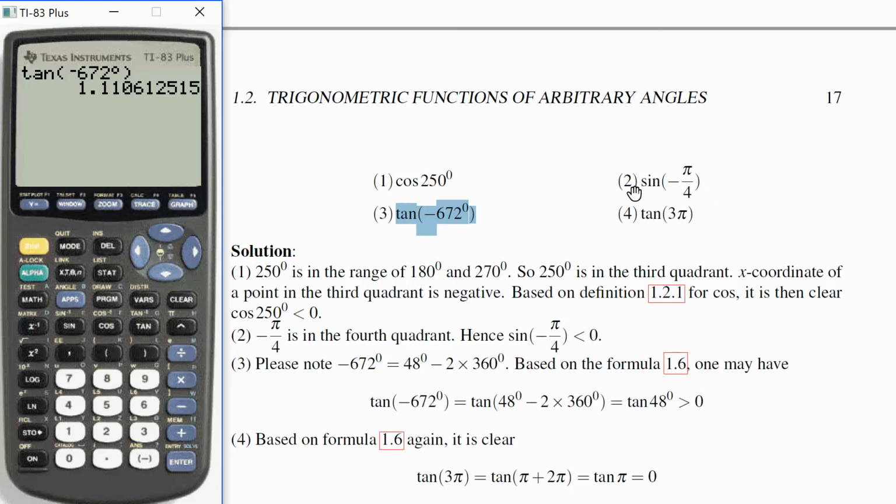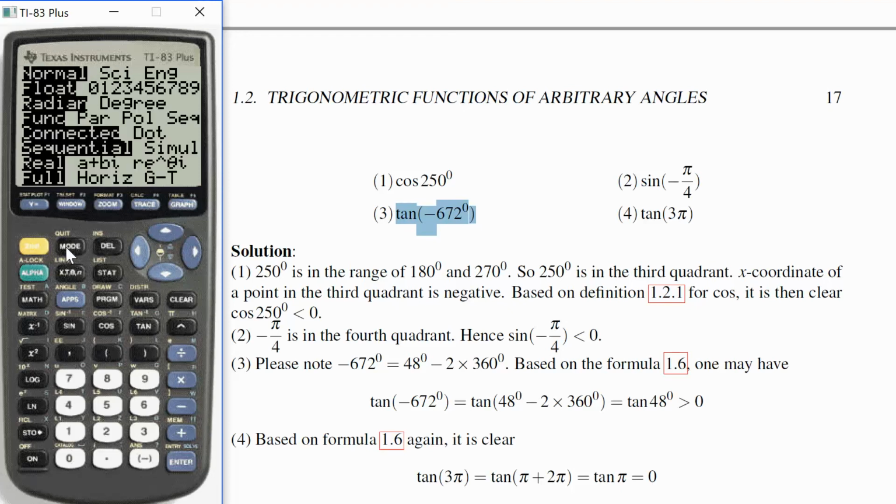Now, how about sine negative pi over 4? You may use your calculator to work on that. Before you do that, you want to check the mode. You see radian is highlighted, so the mode will be in radian.